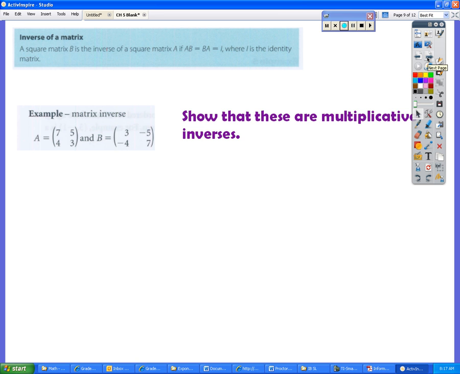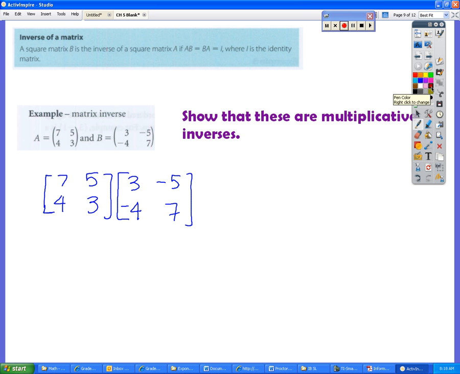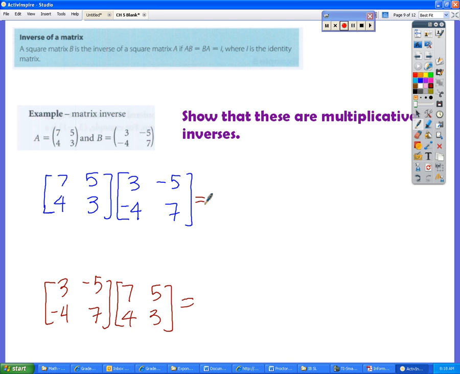Inverse of a matrix. Formula is given to you. So show that these are multiplicative inverses. What that means is if I multiply A, and this will give us a chance to actually do a full multiplication problem, times B, but not only do I do that, I also have to do B times A. I should get back an identity matrix.